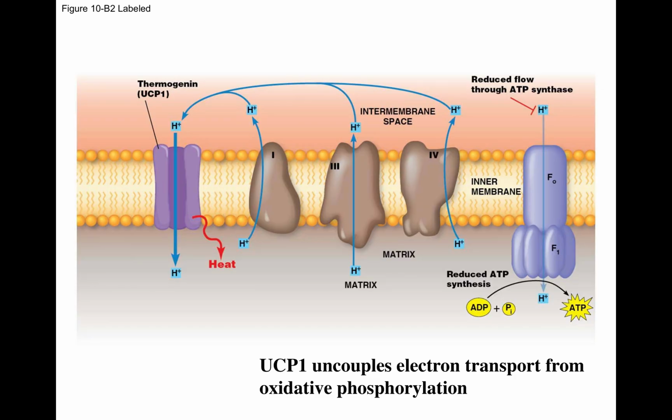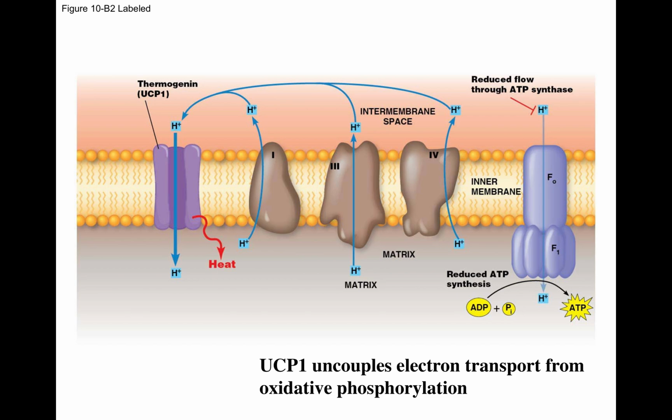Okay, so I said I was going to mention uncoupling protein. Uncoupling protein is also called thermogenin, or UCP1. Uncoupling protein 1 was one of the first in this gene family to be identified. Now we know that there are many different kinds of uncoupling proteins, 2, 3, 4, 5 at least.